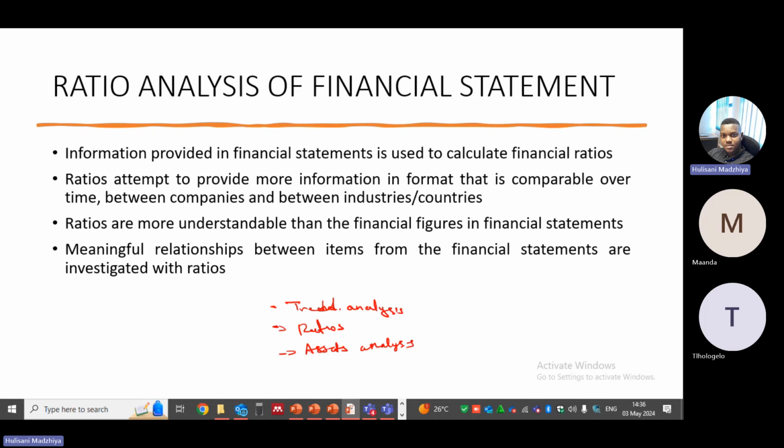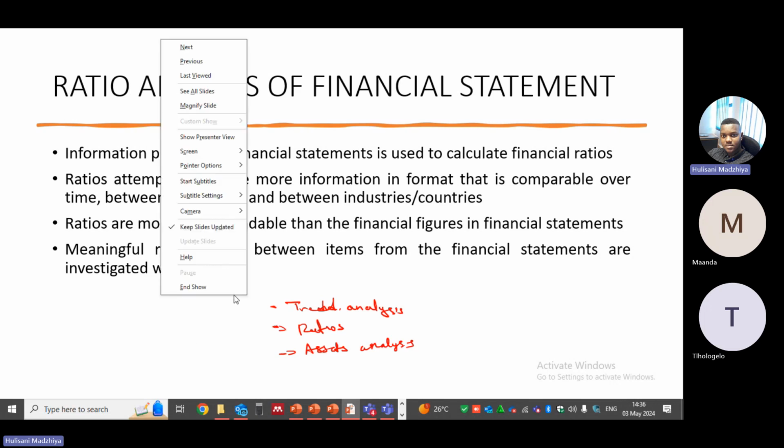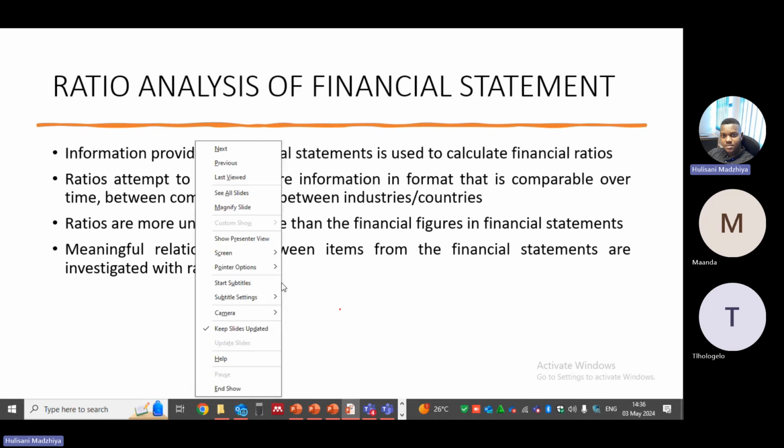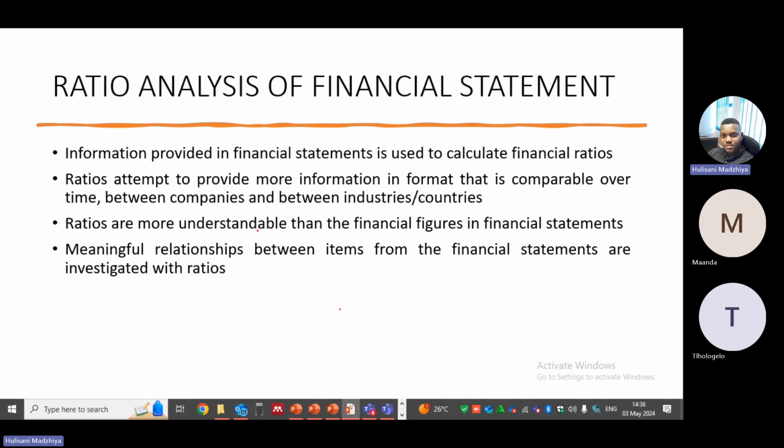Those are the types of analysis we get to perform, but the type of analysis that we normally use most of the time is known as ratio analysis. It's one of the most common analyses performed on financial statements.